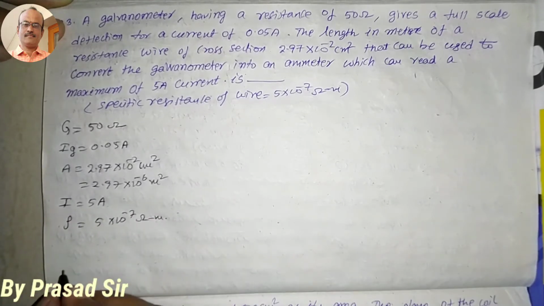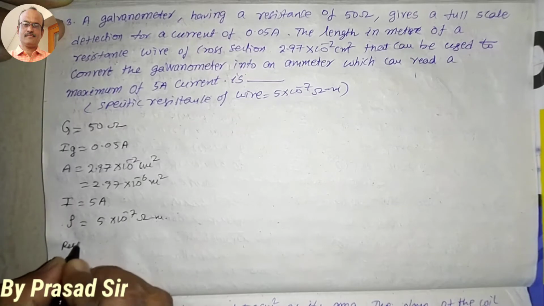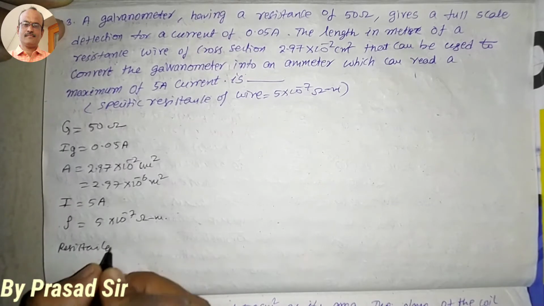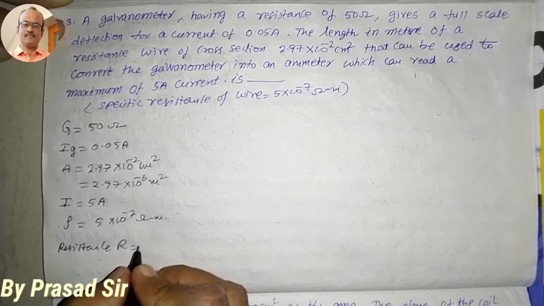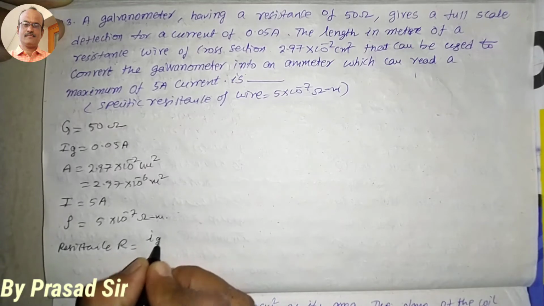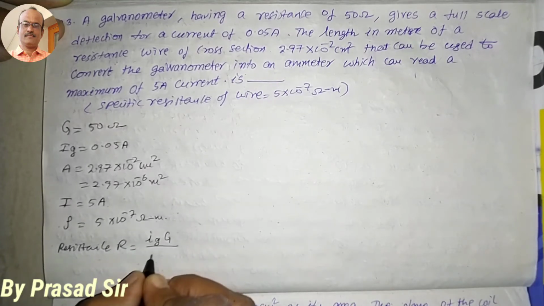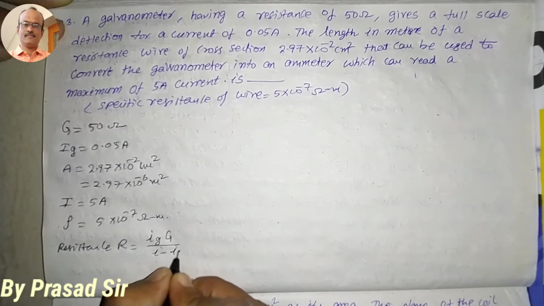So which one do we want to calculate here? Resistance. So resistance R is equal to Ig into G divided by I minus Ig.